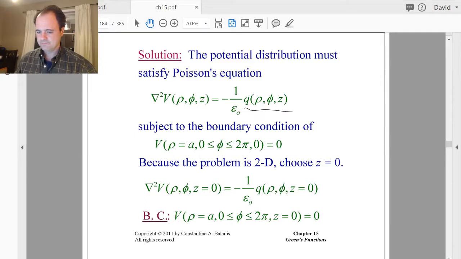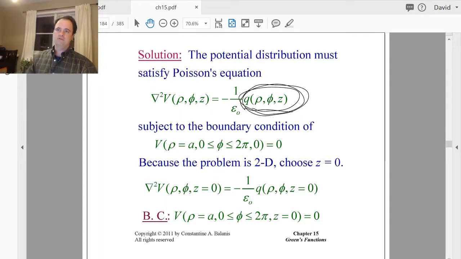We're going to find a Green's function that doesn't depend at all on Q, but allows you to use any Q with this Green's function to find the potential for any wire with any charge distribution you impart on it.